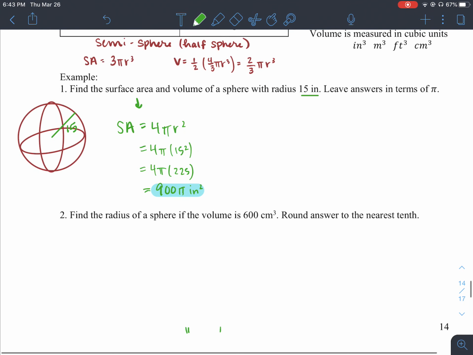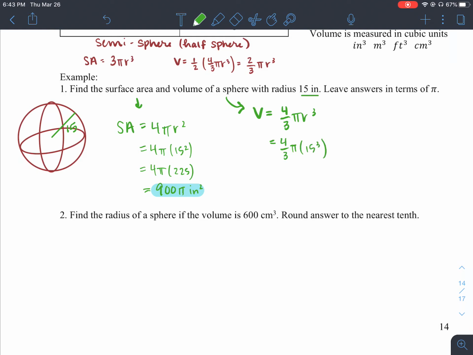The volume is a little more complicated of a formula, but it's 4/3 pi r cubed. All I need to know is my radius. That's the only variable. I don't need to find the area of a base or the height or anything like that. I know my radius, so I'm just going to plug that in. So this is 4/3 pi times 15 cubed.